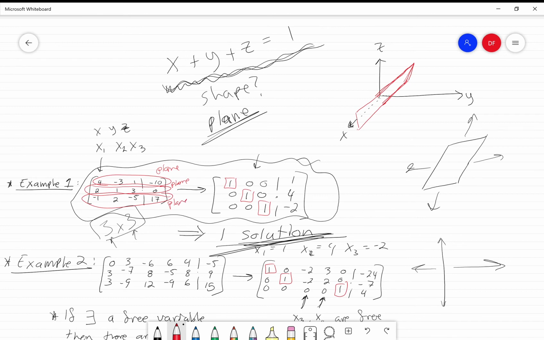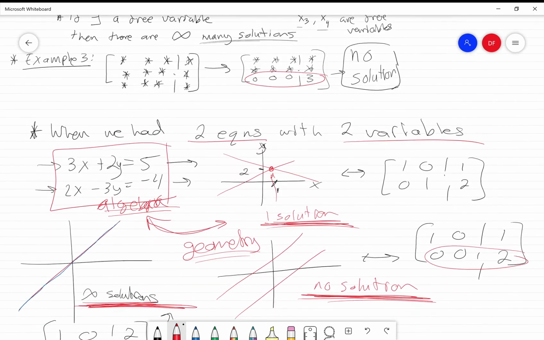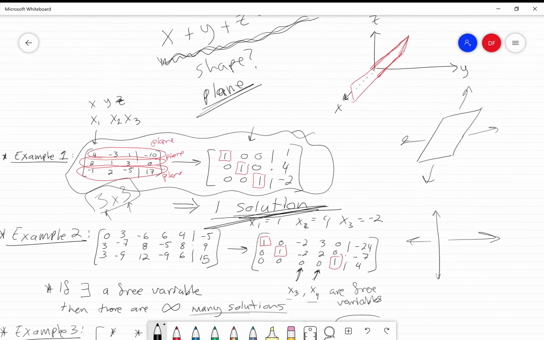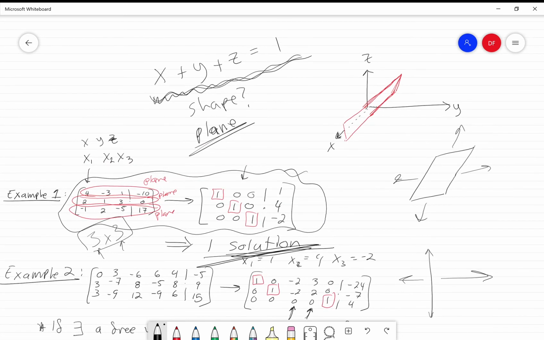So if in 2 dimensions, a solution represented an intersection between lines, then in 3 dimensions, a solution should represent an intersection between planes.